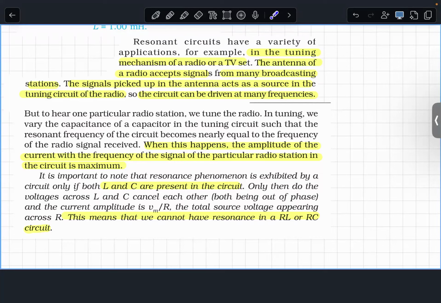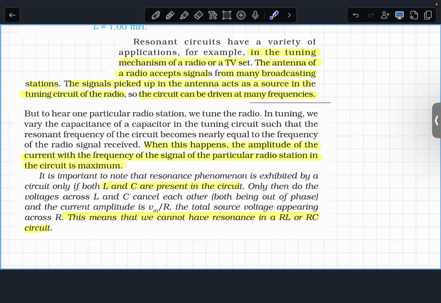So as long as I'm within 30 kilometers, when I am tuning, my set will have a different natural frequency on the basis of the capacitor and the inductor I am using. For example, my 1 by root LC will have a different value compared to the FM station.